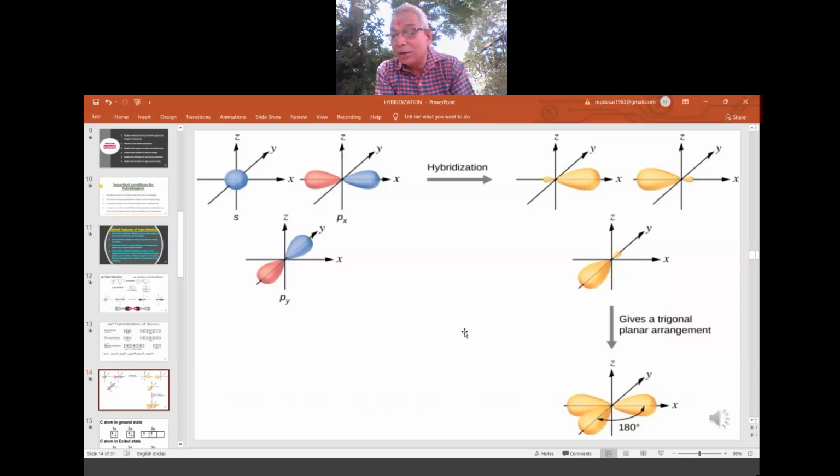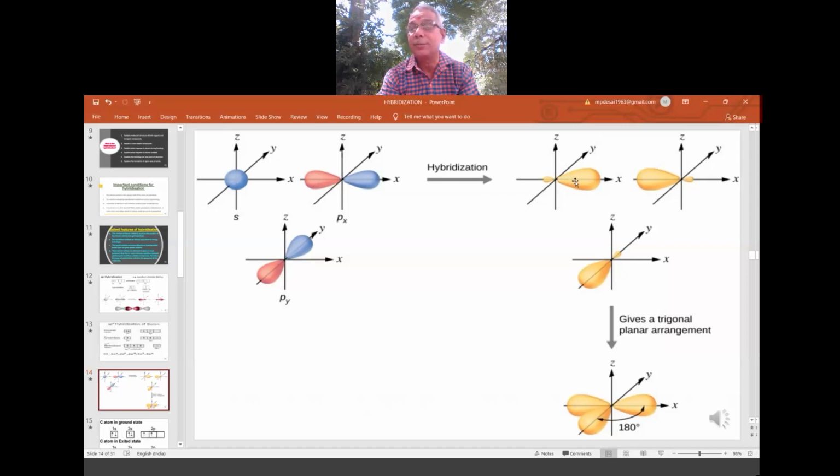Let us see. This is the shape. This is a 1s orbital, the 2s, and 2p orbitals, the 2p. So they are mixing. After mixing, this is the shape.